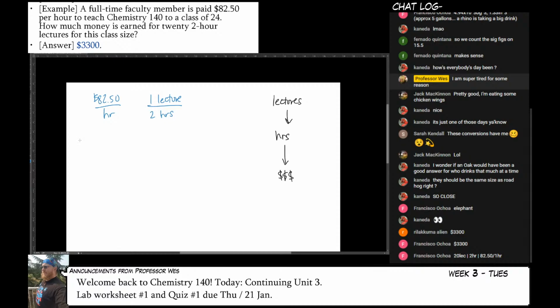All right, so we have 20 lectures. And then we can set up our units so that they all cancel out. Now, it's kind of a coincidence that these are all working out so that they are just numbers that we multiply along the top.